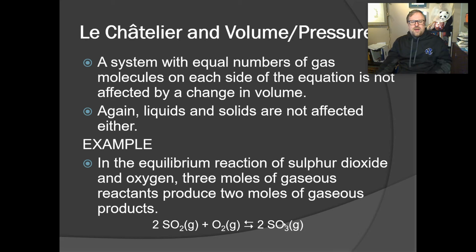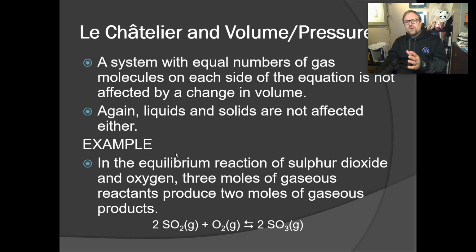Okay, if we do the opposite, if we increase the volume, it's going to try to maintain the pressure it was at before by shifting, in this case, to the left, by increasing the number of particles bouncing around, going from 2 particles to 3 particles, which is going to increase the pressure of that system. So we're trying to reverse the changes that are taking place.